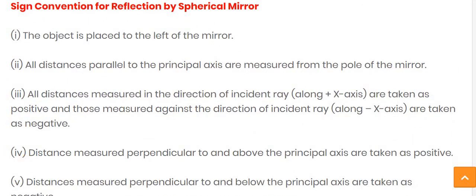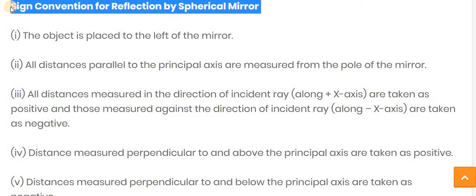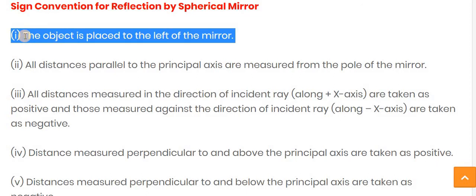Now let's move further. The next topic is the sign convention for reflection by spherical mirrors. The first rule is that the object is placed to the left of the mirror.